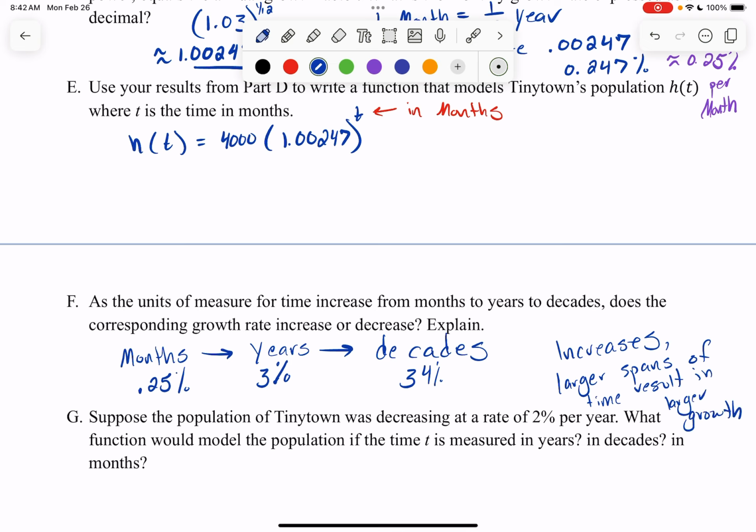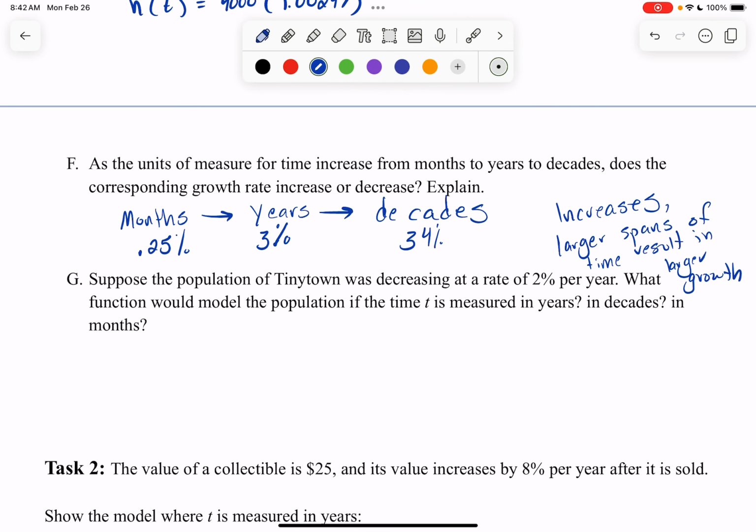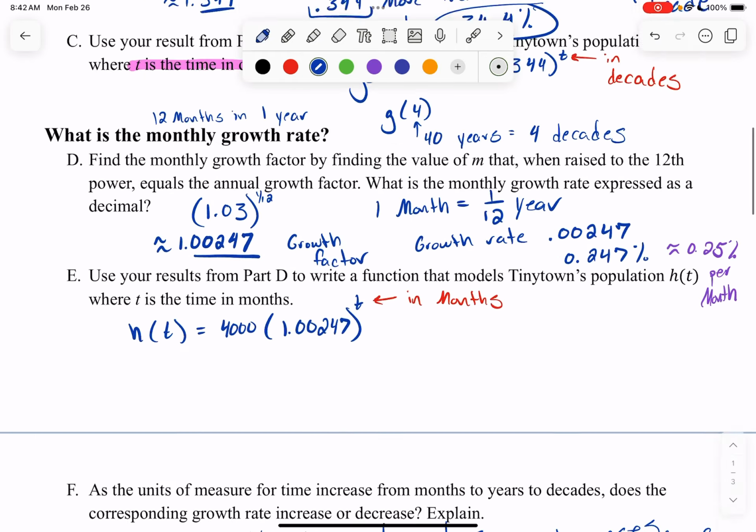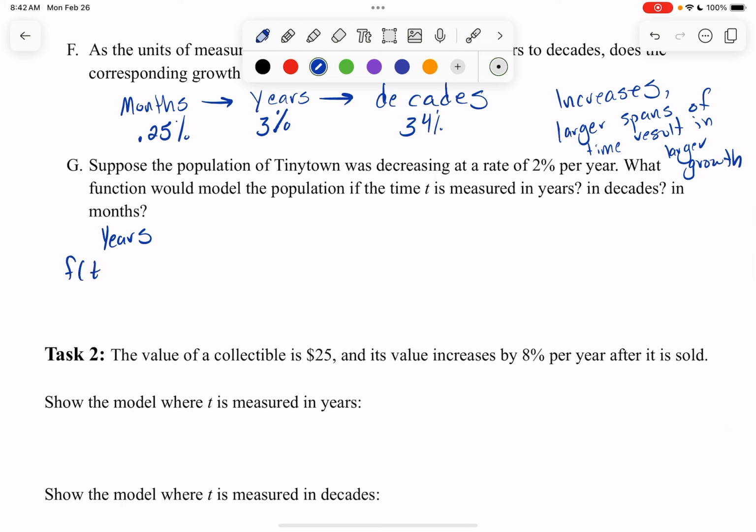And the same would hold true if this was a decay function, which is this next bit. Suppose the population of Tiny Town was decreasing at a rate of 2% per year. So what would the function model population of time as t is measured in years, in decades, in months? So let's do years. Again, we're going to start with that original function we had as f of t. Still a starting population of 4,000, but now instead of adding 2%, which is 2 per 100, which is 0.02, we need to subtract 0.02.